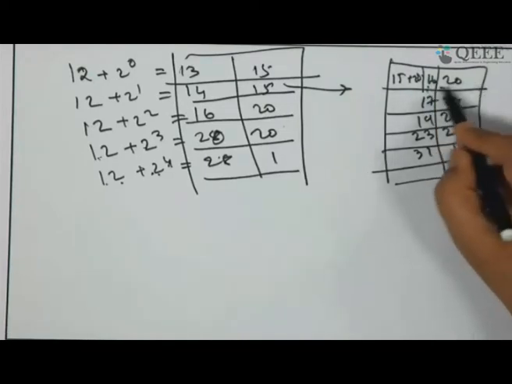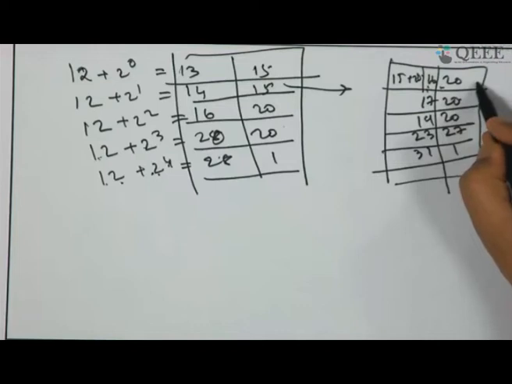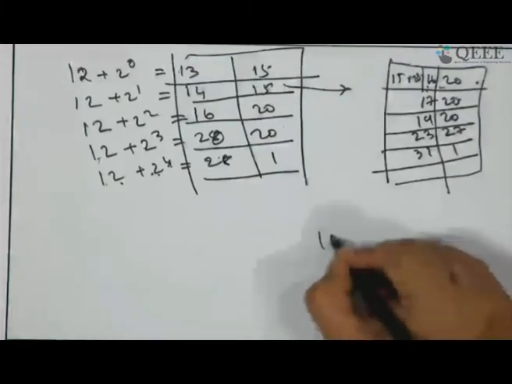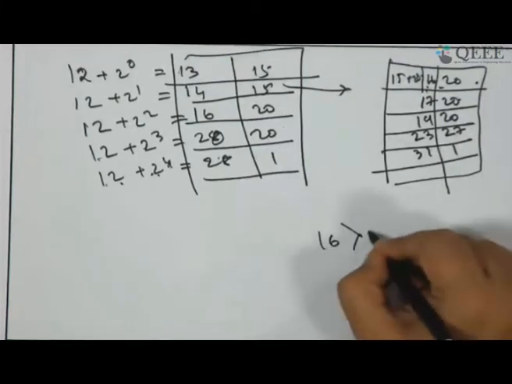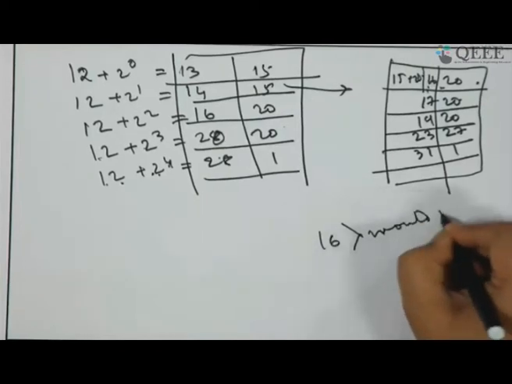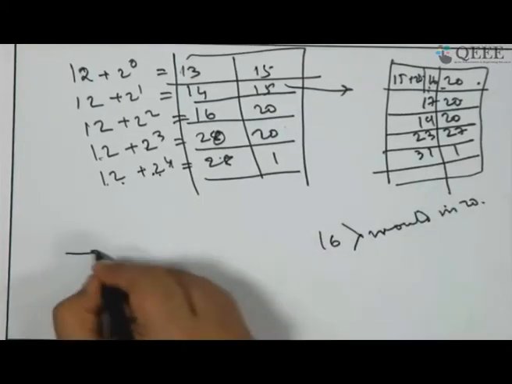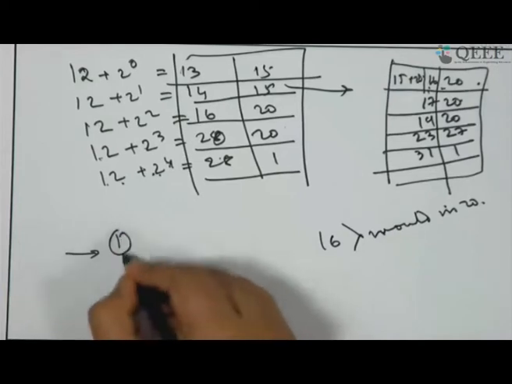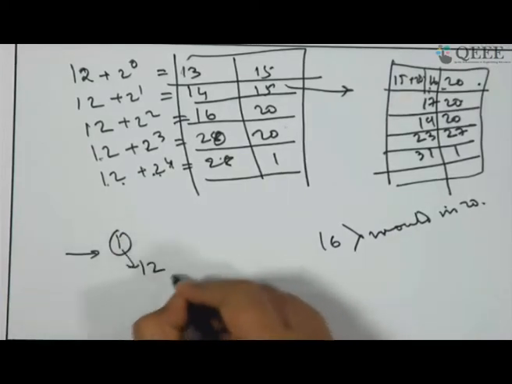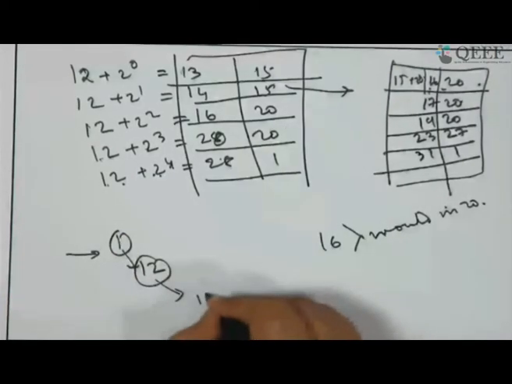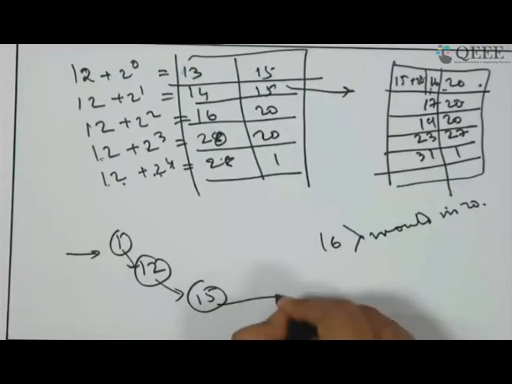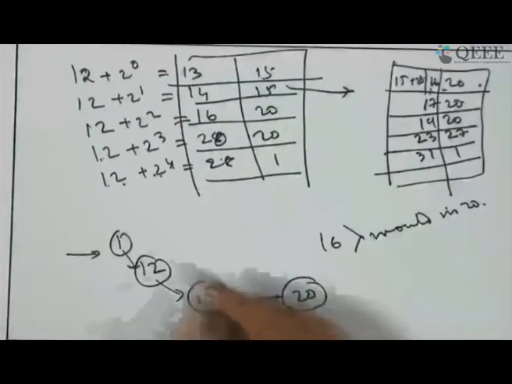So 15's successor is greater than 16, so 16 would be in 20. How many hops are you taking? From 1 you go to 12, from 12 to 15, and from 15 directly to 20. So you are taking 4 hops.